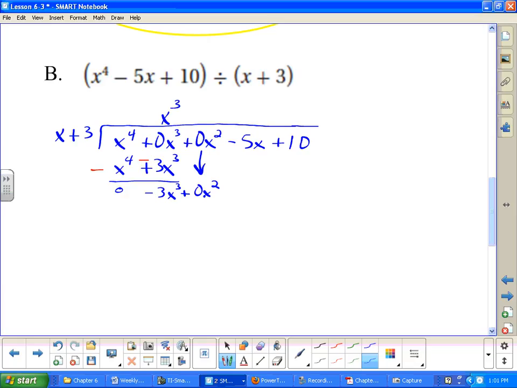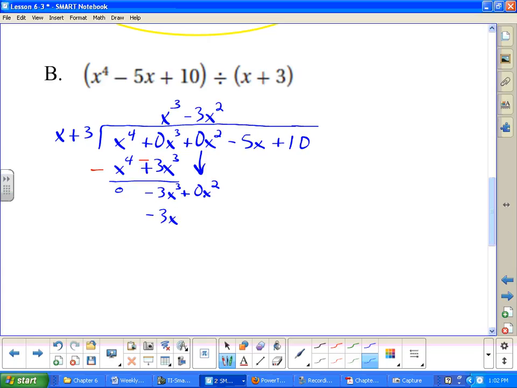So what's negative 3x cubed divided by x? Okay. Negative 3x squared. So I write that over the x squared term, negative 3x squared. Then we multiply.